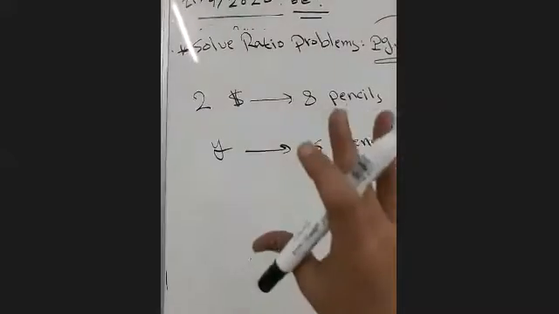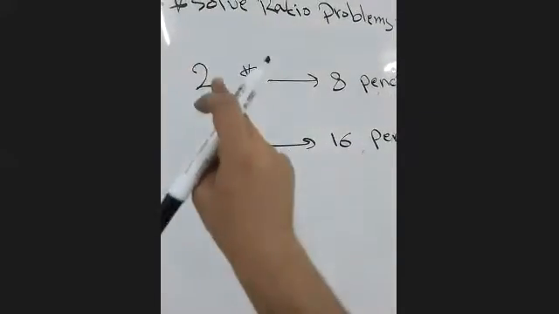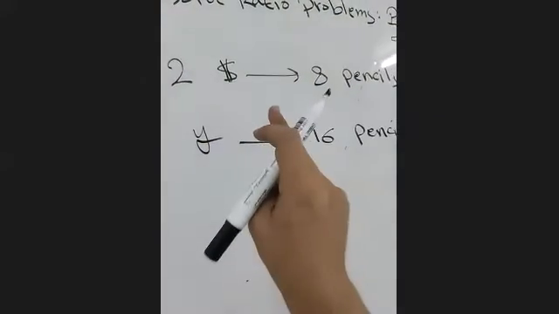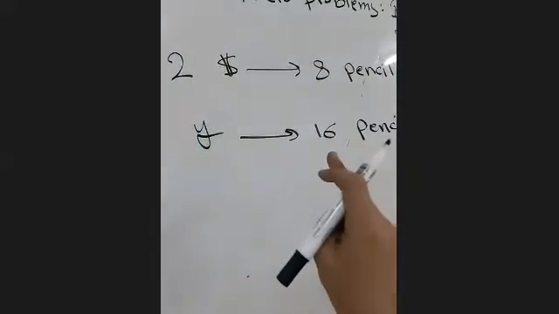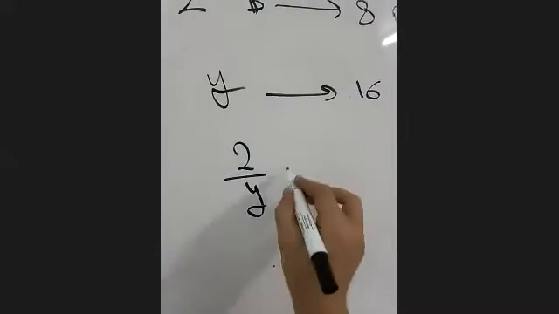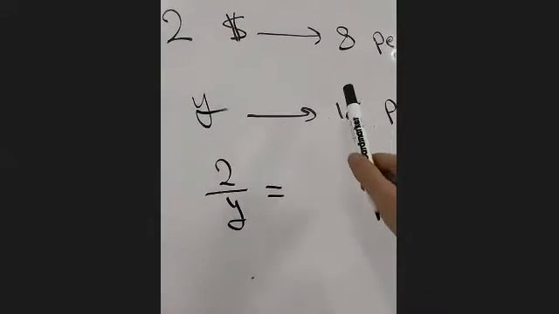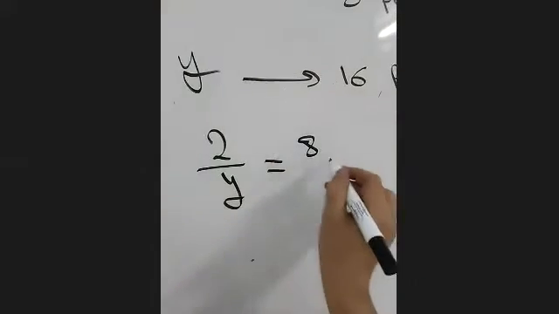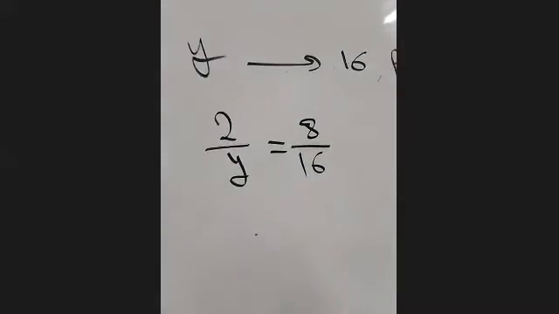And I will make two fractions, 2 over y equals 8 over 16.